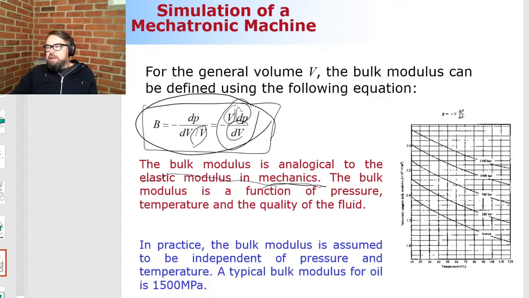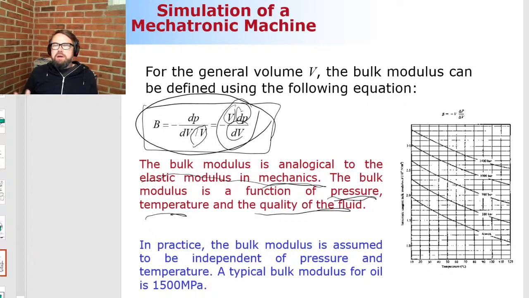Now, in real life, bulk modulus is a somewhat complicated matter, and it depends on a number of functions. It is a function of the pressure that is applied, the temperature, and the quality of the fluid, so at least those three things affect it.